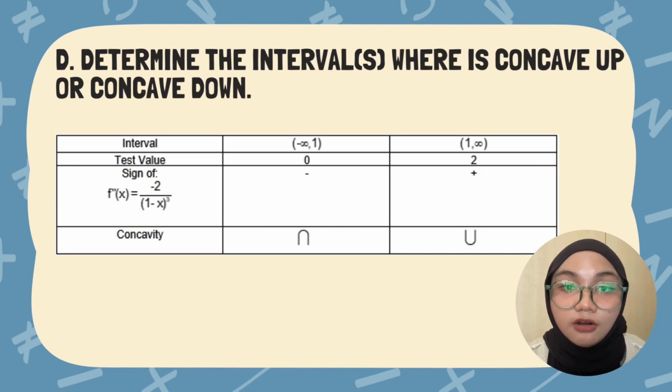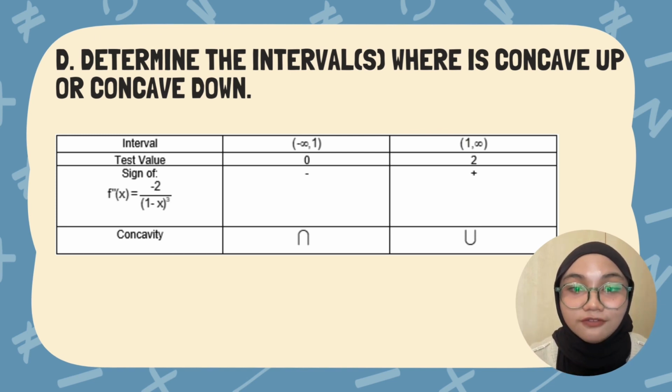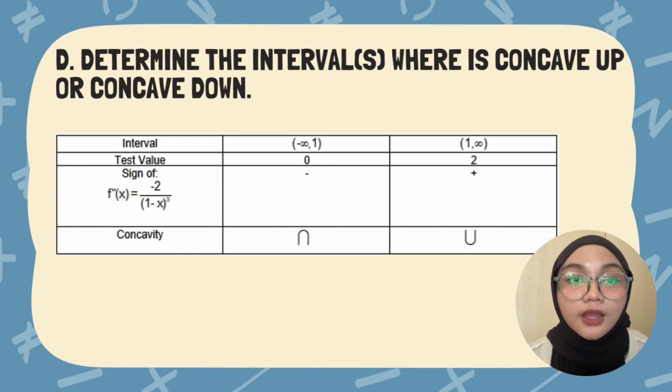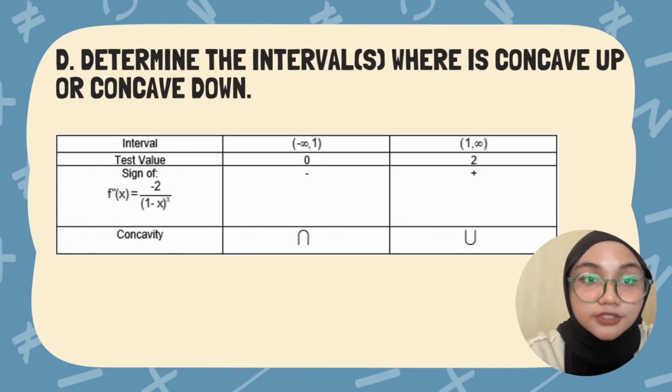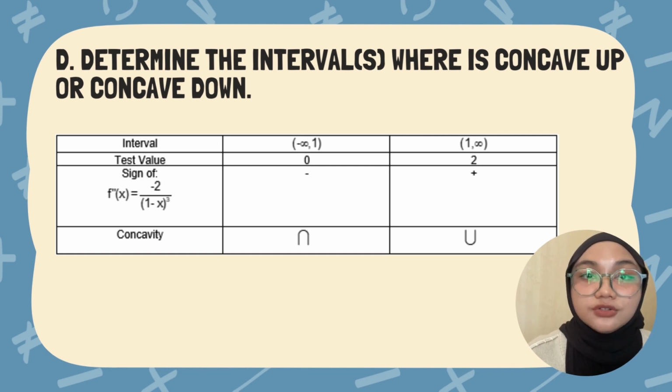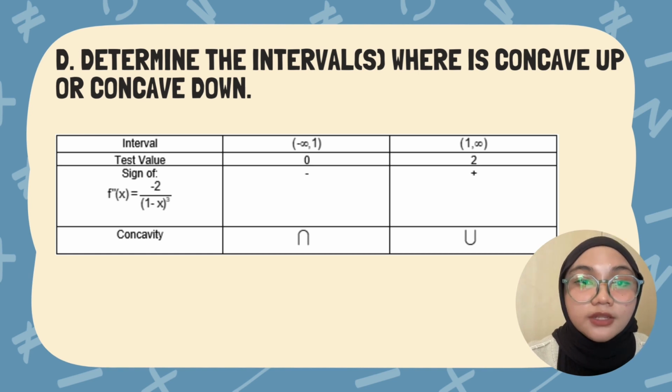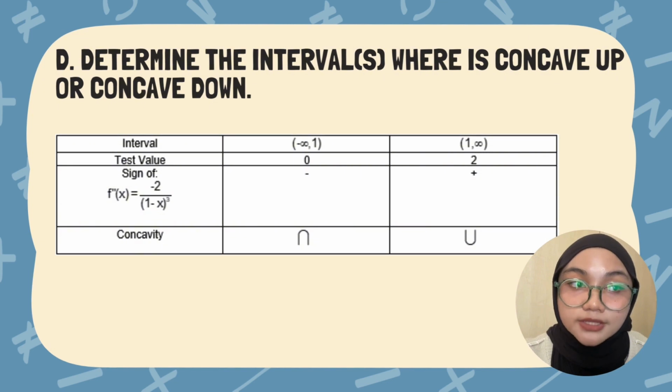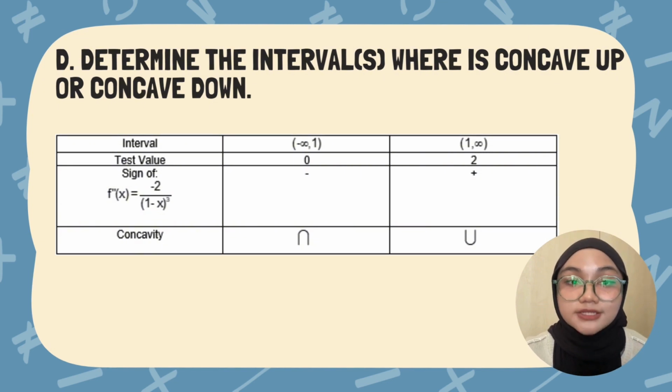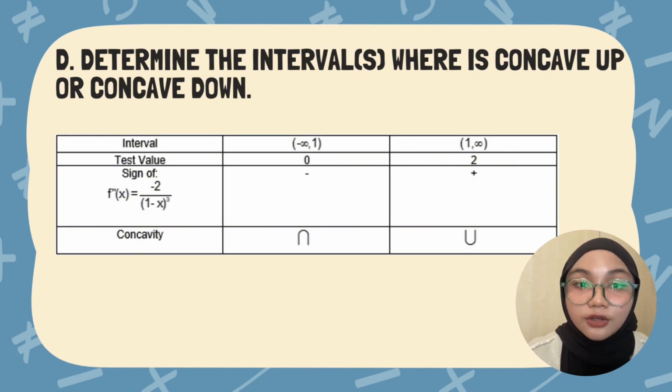The sign of f''(x) is negative and the concavity is downward. For the next column, we choose 1 to positive infinity. The test value that we choose is 2 and the sign of f''(x) is positive and the concavity is upward.